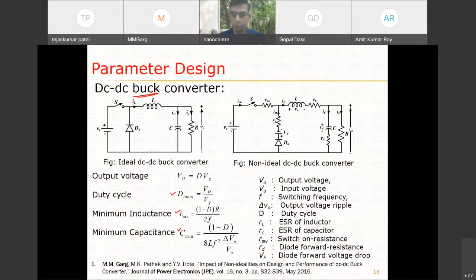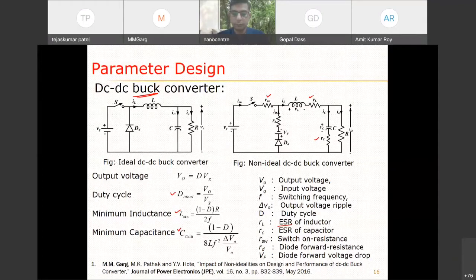But we'll see in the further discussion that when we want to design a good control and go for modeling, these non-idealities play an important role. So it's better to include these non-idealities as far as possible, because they affect our modeling and our controller design as well.